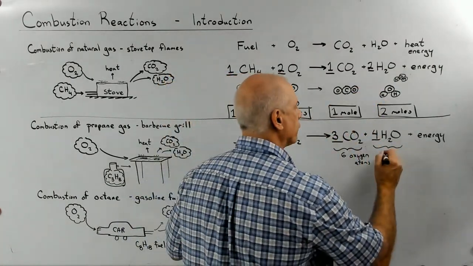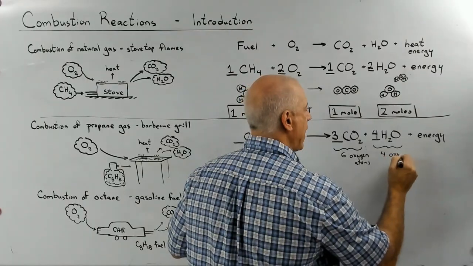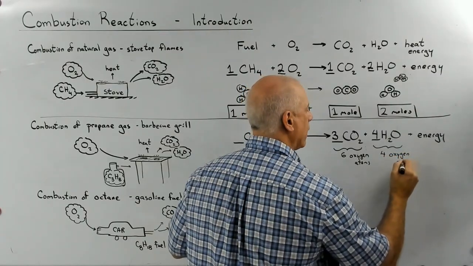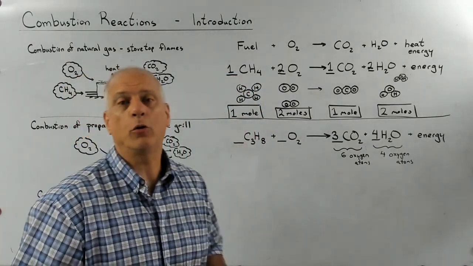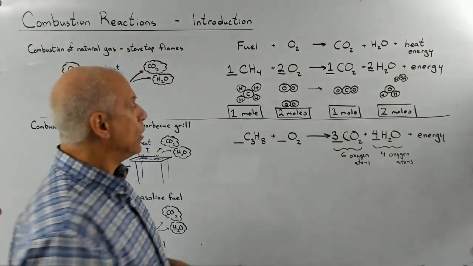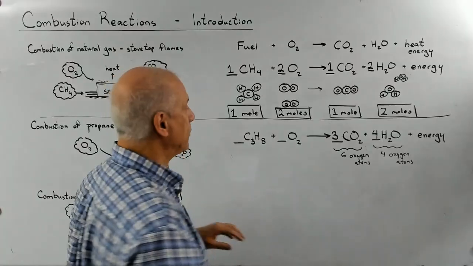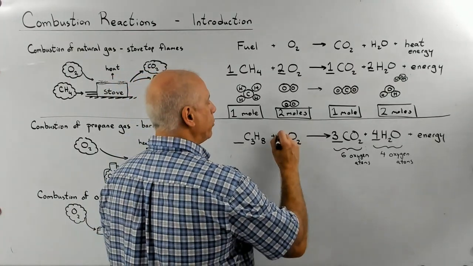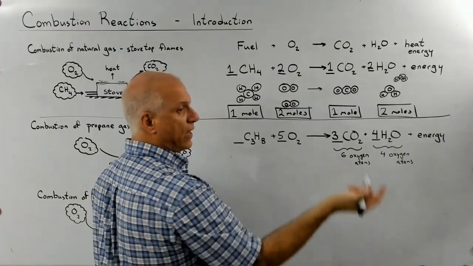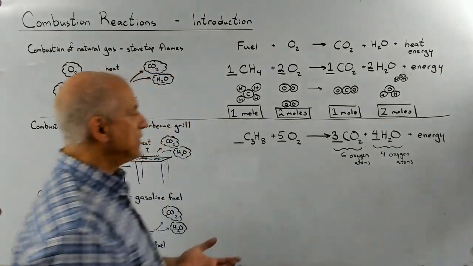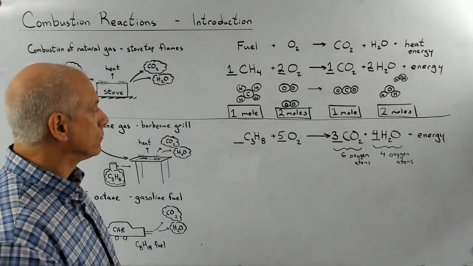So that accounts for 4 oxygen atoms. So my products include a total of 10 oxygen atoms. So I must have 10 oxygen atoms to begin with. And so I'm going to put a coefficient of 5 here because 5 times 2 is 10. And so this is a balanced reaction.